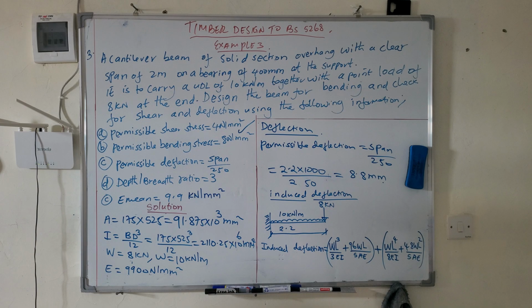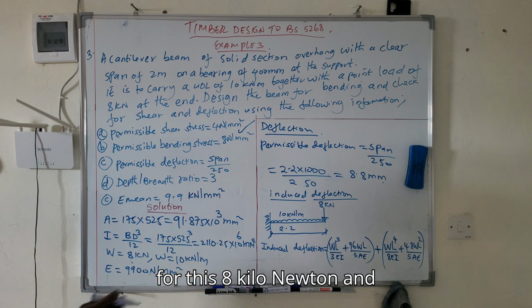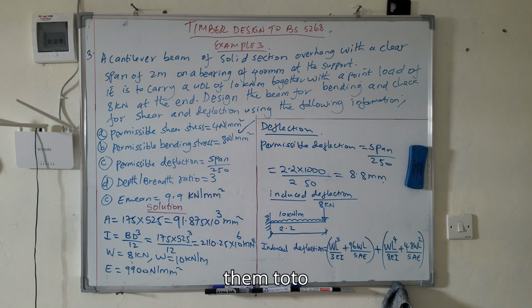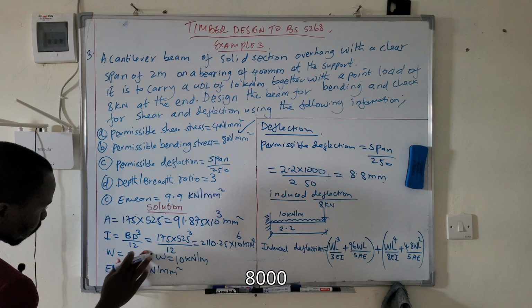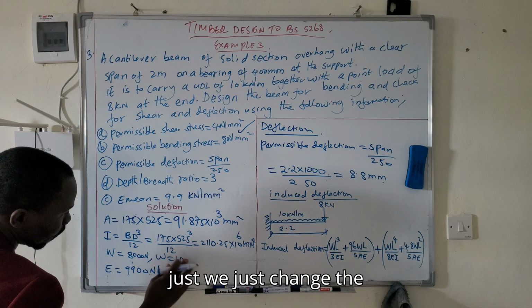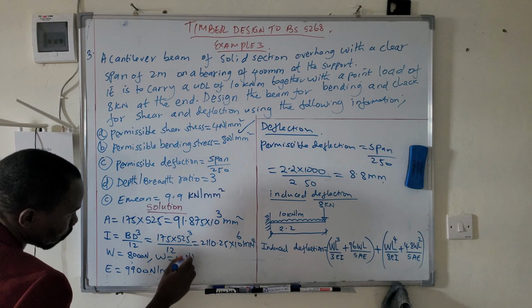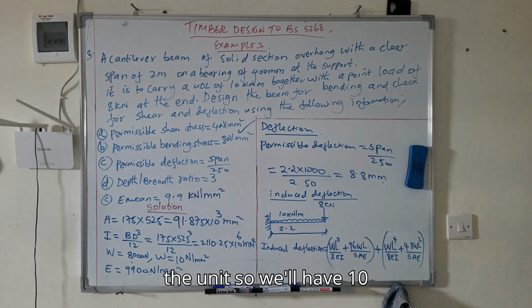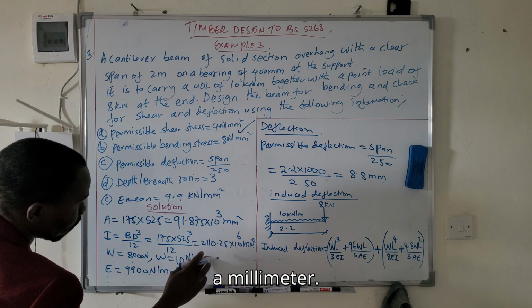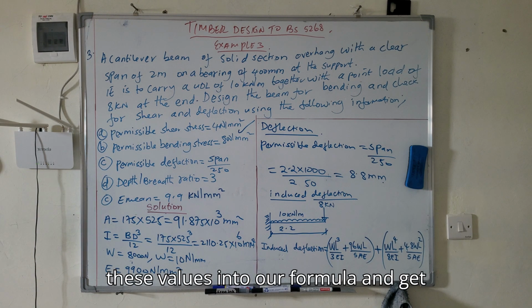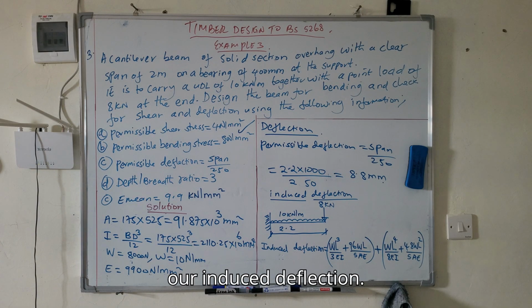Again, for this 8 kilonewton and 10 kilonewton per meter, you'll convert them to Newton and Newton per millimeter respectively. So this one will be 8,000 Newton, and this one will just change the unit. So we'll have 10 Newton per millimeter, like that. And then we can insert these values into our formula and get our induced deflection.